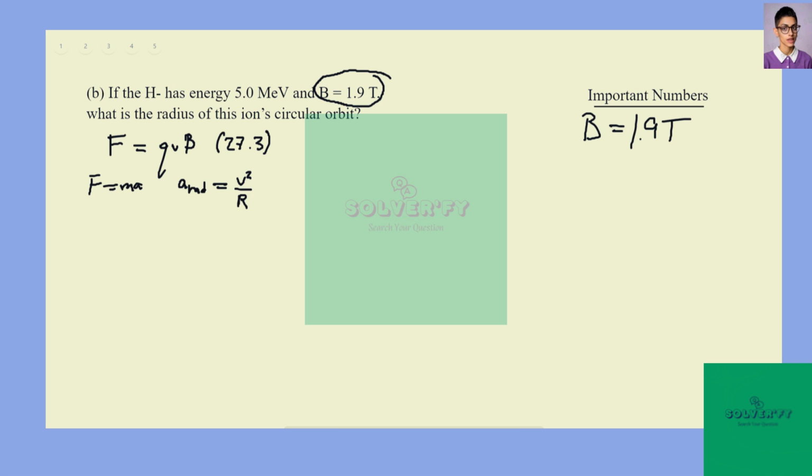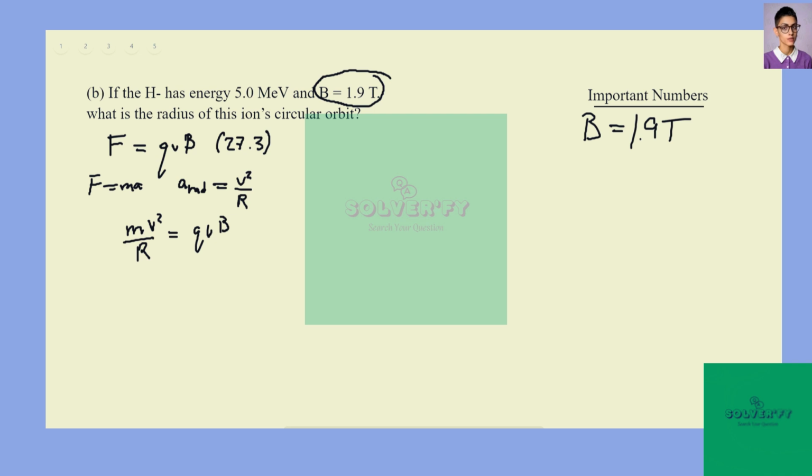Combining these together, we can actually write out an equation that relates our velocities, our B field, our charge of our particle, and the radius. So now we have F equals ma, so that's m. We're going to use our radial acceleration, so that's v squared over r, and we're going to set that equal to our force, which is qvB. Now, what we're looking for is the radius.